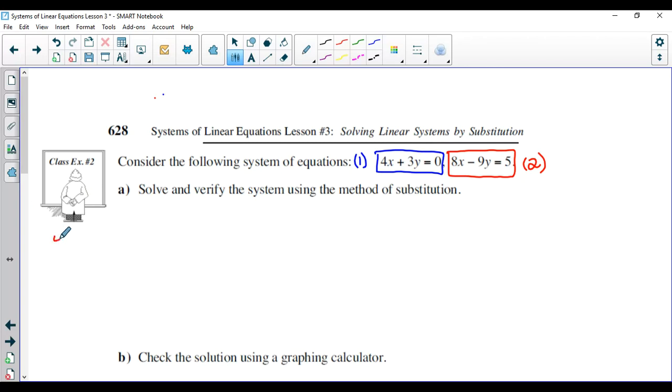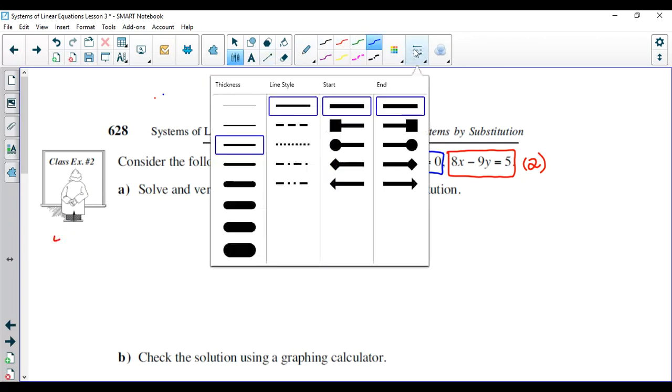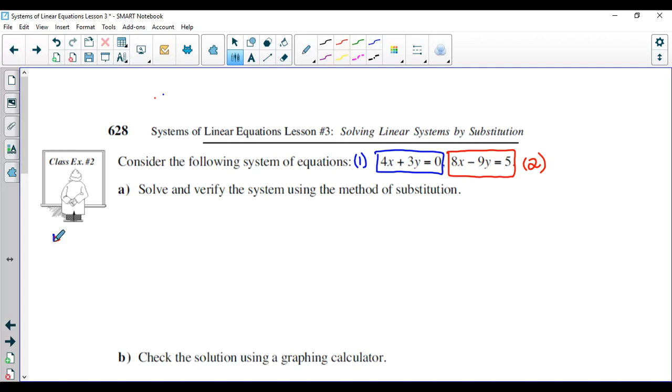Okay, so let's write this down. We have 4x plus 3y is equal to 0. Now we chose a simpler equation and we have to isolate one of the variables. It doesn't really matter which variable you isolate here, whether it's x or y, because they both have a numerical coefficient attached to it. So I'll just isolate for x.